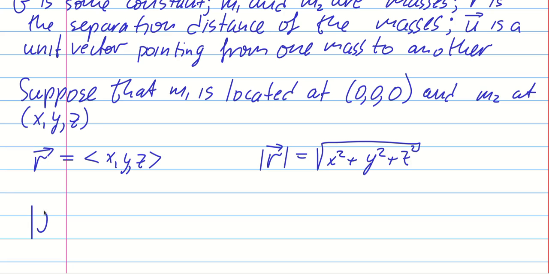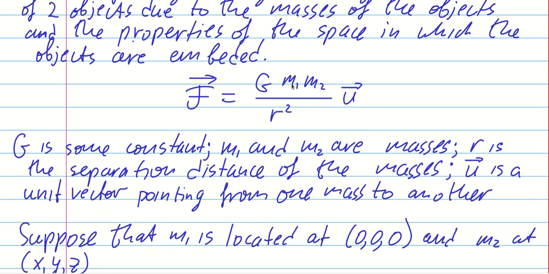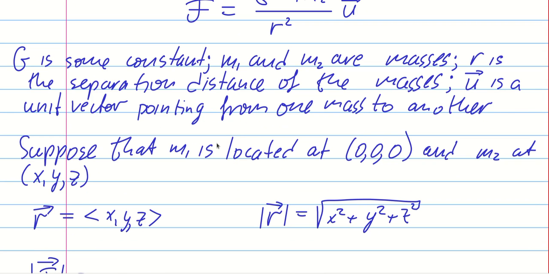So what would be the magnitude of F? Let's look back at the formula. This is a constant, this is a constant, this is a constant, and r squared is the magnitude itself.